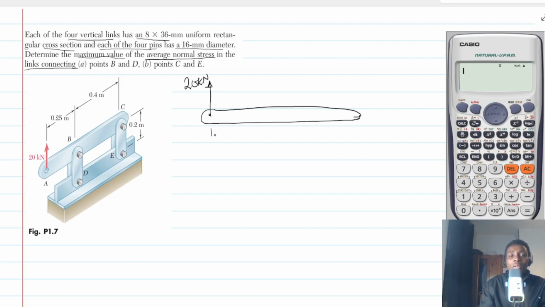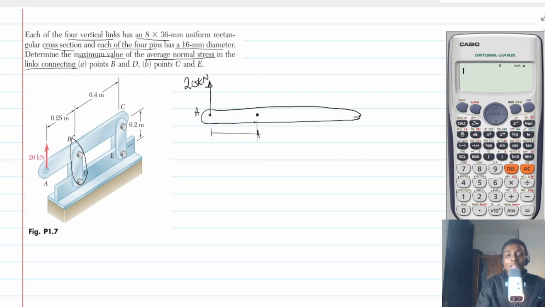At a distance from here to here, let's say this is A, and this point is B, and over here we have B, the link connecting this one.